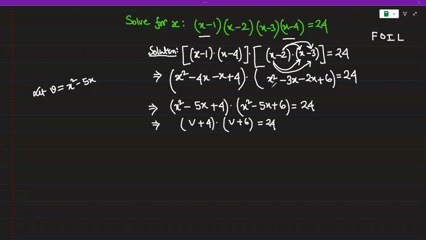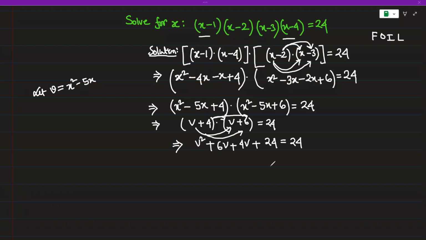And now we need to expand and solve this simple quadratic, which is v squared plus v times 6, which is 6v, plus 4 times v, which is 4v, plus 4 times 6, which is 24, equal 24.